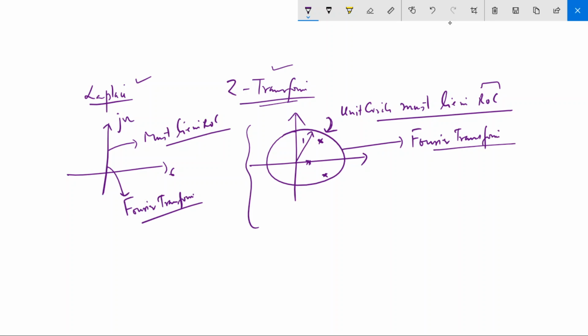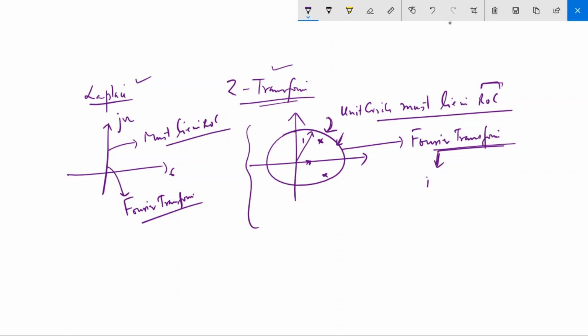Okay, now if I am saying that the unit circle is in the ROC, it means I can find the Z transform of this signal on the unit circle. If I can find the Z transform of the signal on the unit circle, it means I can find its Fourier transform. And for finding the Fourier transform, there are some conditions.